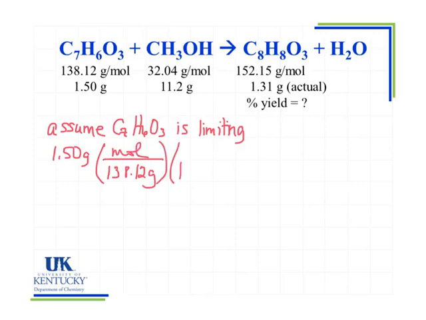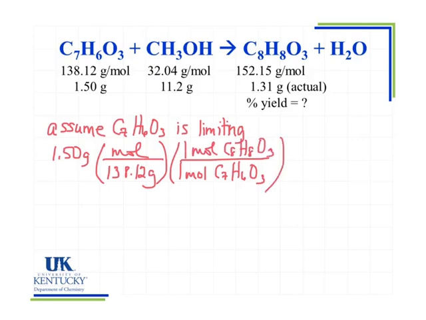I know that for every 1 mole of C7H6O3, I'm going to form 1 mole of C8H8O3, and I can go to the mass of that product by using the molar mass of 152.15 grams per mole of C8H8O3. So this is going to give me the maximum amount of product I can make if this first reactant, our salicylic acid, is the limiting reagent.